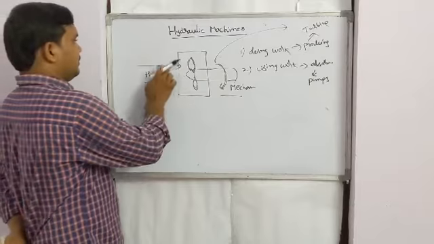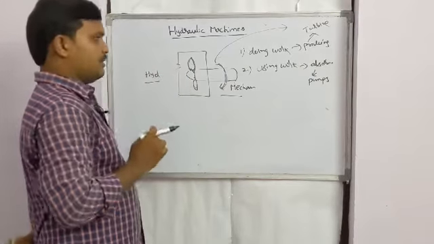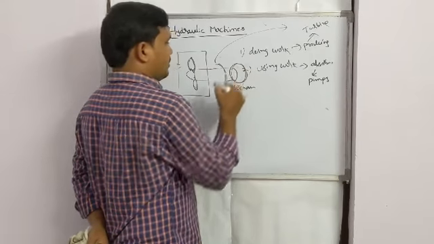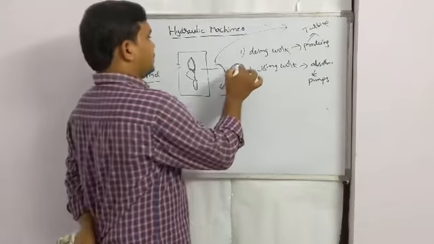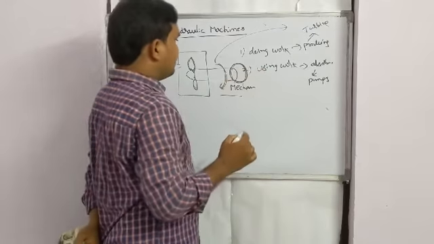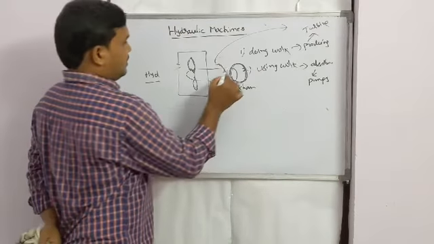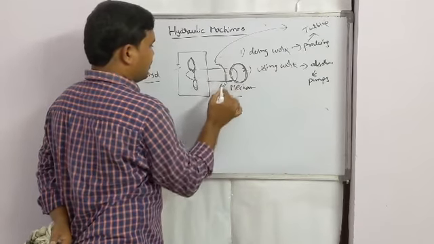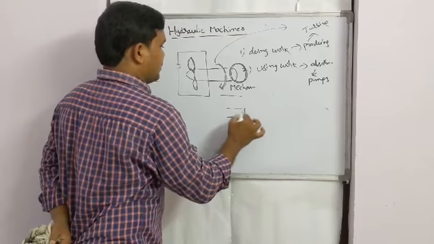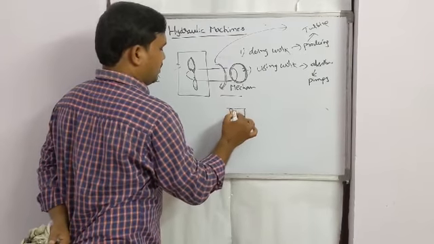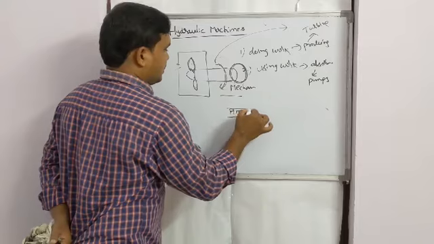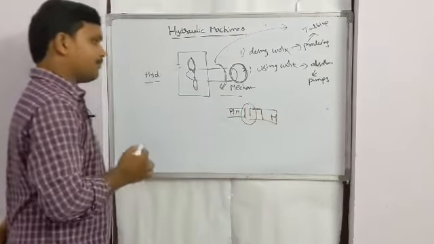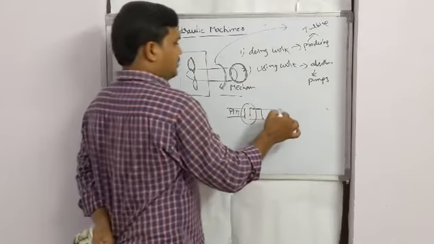For example, this phenomenon is reversed, means the shaft is connected to another motor. When the electrical energy is applied to this motor, the shaft of this motor rotates. The shaft of this motor and the shaft of the hydraulic machine are coupled. This is the shaft of the pump or any hydraulic machine, and this is the shaft of the motor.